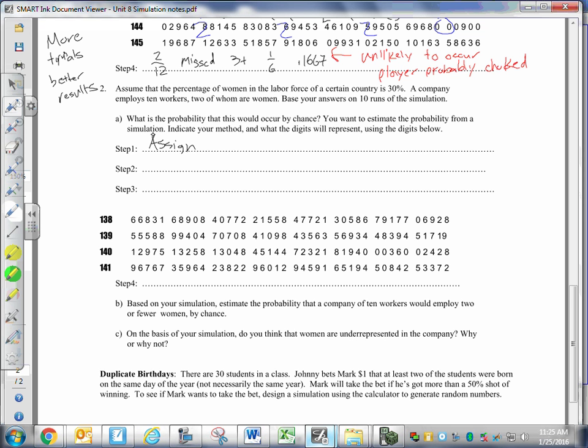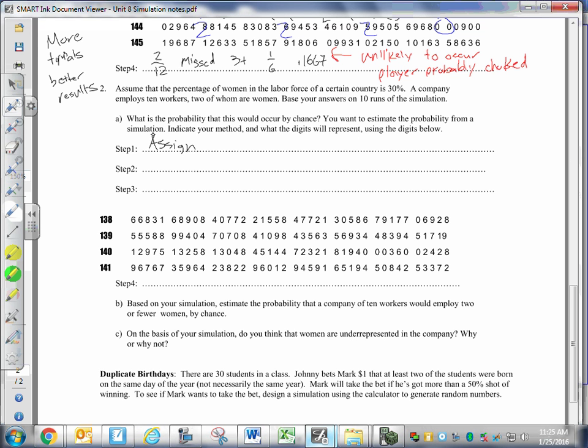We're talking about females and males. 30% of the workforce is female. What numbers could I use to represent a female? Mr. Riley. You can use 0 through 29. Perfect. That's 30.